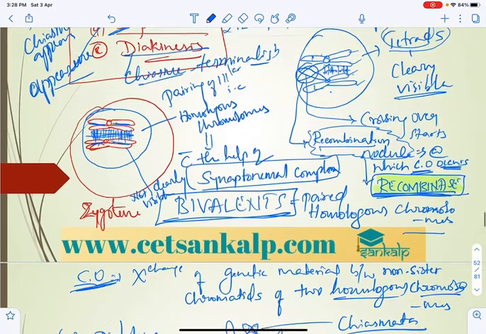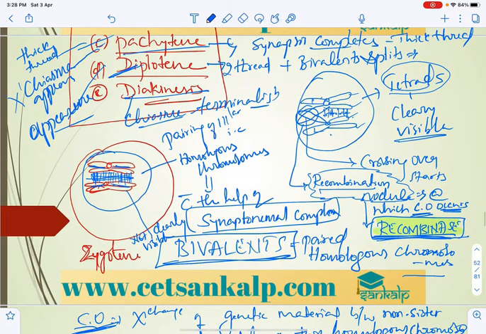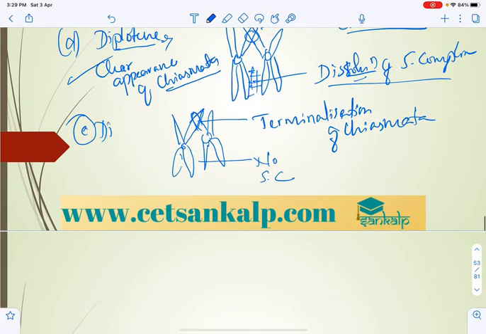Actually chiasma is an X-shaped structure which appears in pachytene, is clearly visible in diplotene, and terminalization of chiasmata takes place in diakinesis. To remember it simply, we can say diakinesis is the dying of chiasma.